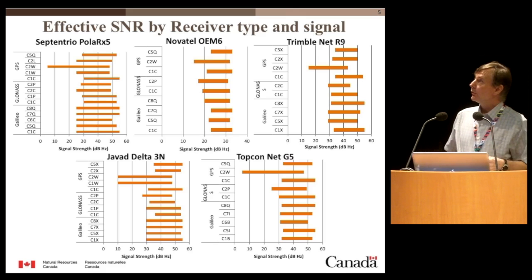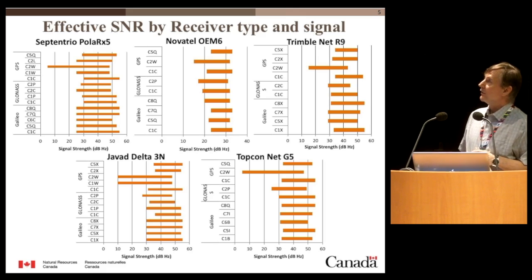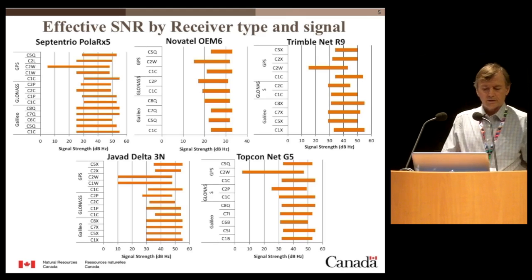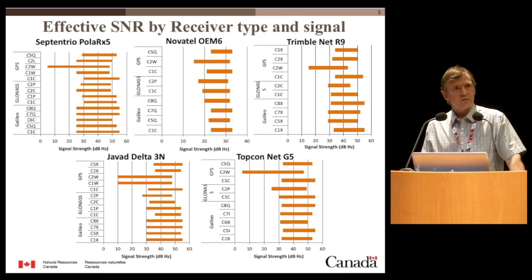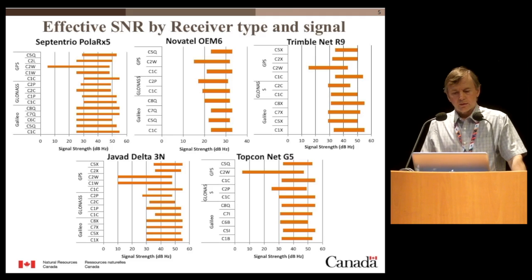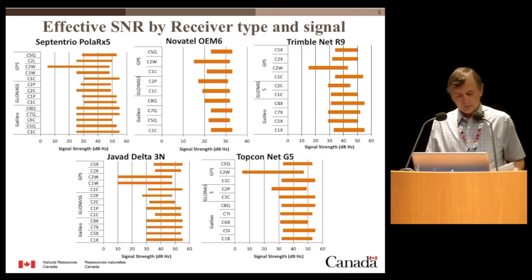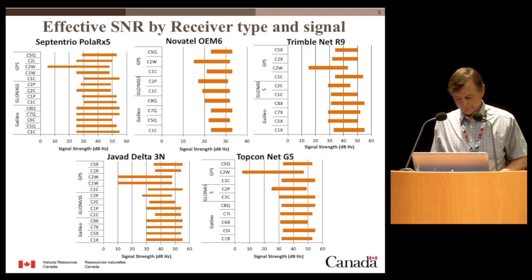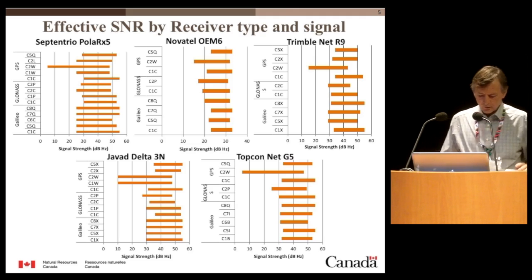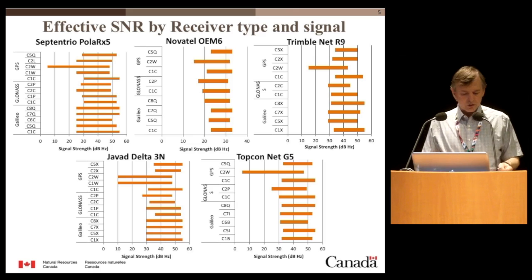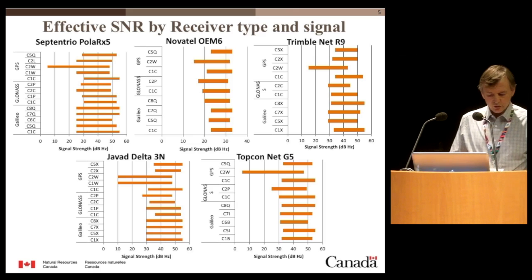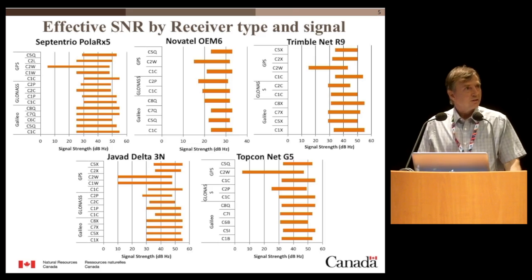One thing I thought we'd show would be the effective SNRs. And so, like I said, this is focused on interoperability. I wanted to say a few key words here. You'll see that the SNRs on the GPS side vary significantly between receiver types.